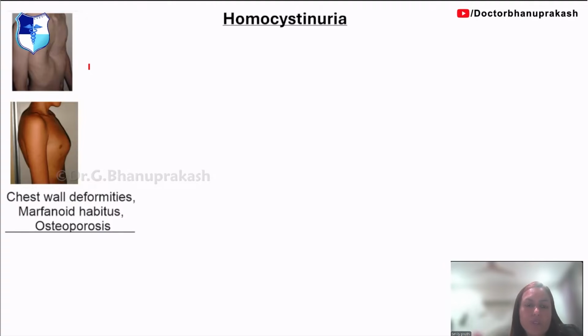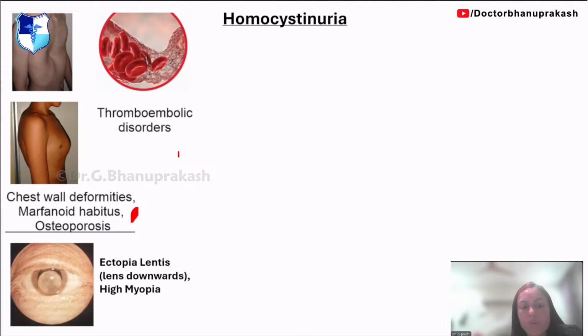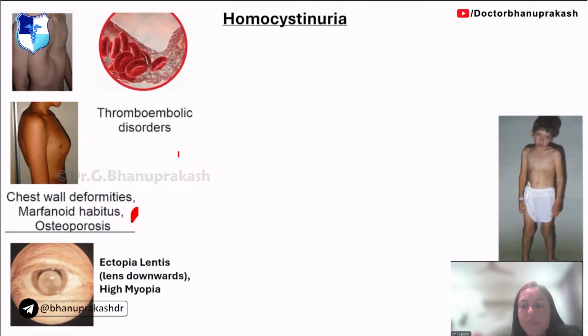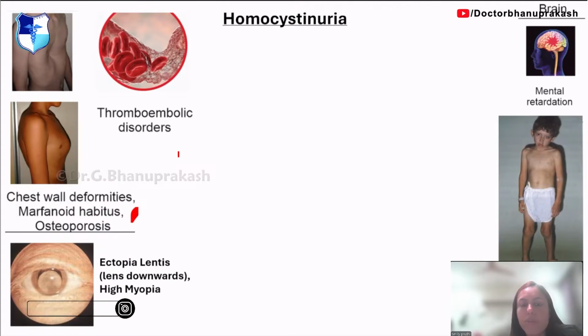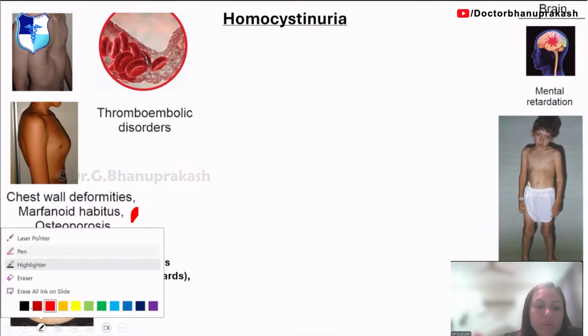Then is homocysteinuria. Patient has chest wall deformities, marfanoid habitus, osteoporosis, thromboembolic disorders, ectopia lentis, short stature, genu valgum, and mental retardation. Most of your amino acid disorders have mental retardation.